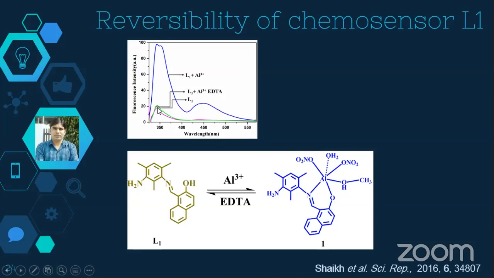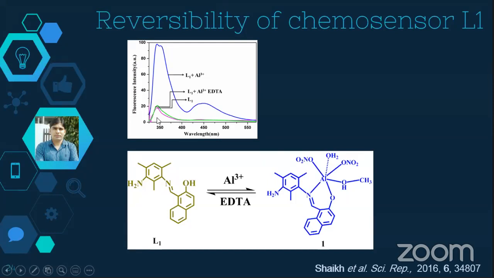When you add aluminum ion, you see an eightfold enhancement in fluorescent intensity as soon as you add aluminum. Then when you add EDTA, you see again it is going off. The fluorescent intensity is immediately coming down.